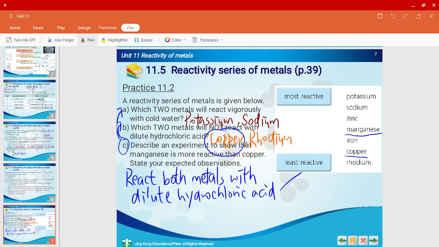This will be for manganese, and this will be for copper. For manganese, you'll get hydrogen gas being formed, right? So let me just put H2, gas. So you'll be seeing gas bubbles being formed. How about for copper? For copper, there will be no reaction. So there you go. You already have a different observation right now.